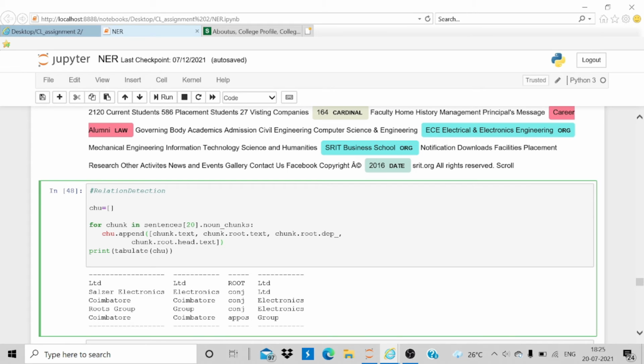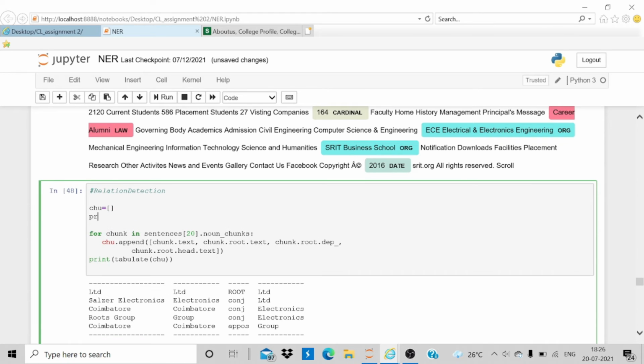Okay, so it is difficult to show the entire paragraph here with the dependency. So we'll pick out only one line, and then I will show you that. I'm picking out my 20th line. Okay, so I can show you my 20th line here.